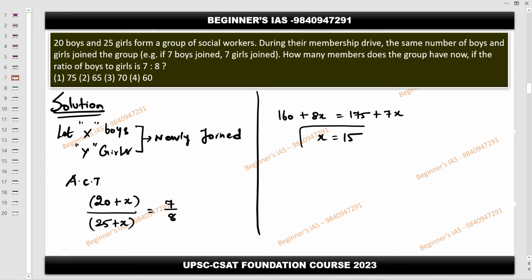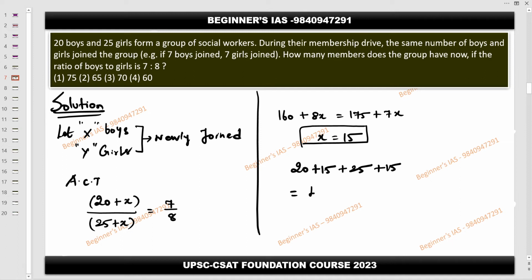Okay, fine. So now listen, after finding out the value of x, how many members does the group have now? Totally how many members? So initially 20 boys plus this much of boys joined, then initially 25 girls plus this much of girls joined, so this is going to be the total, isn't it?